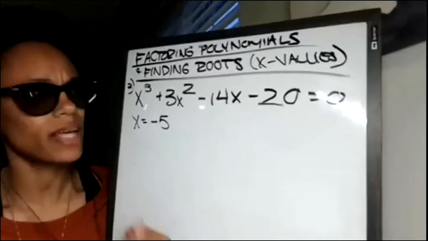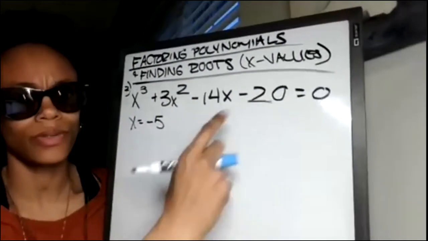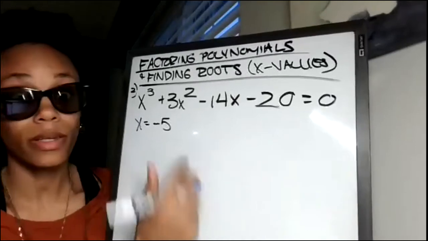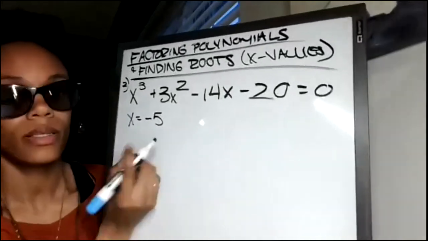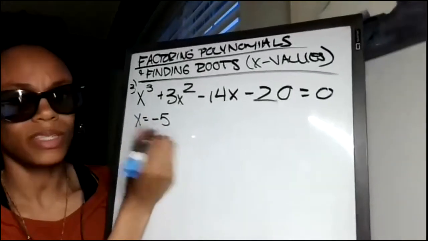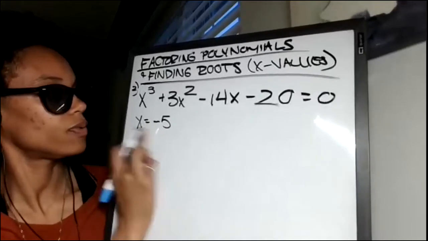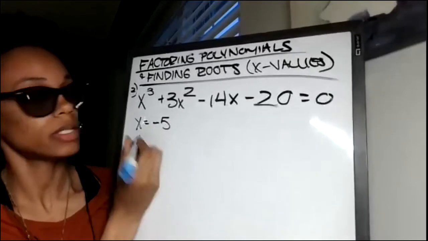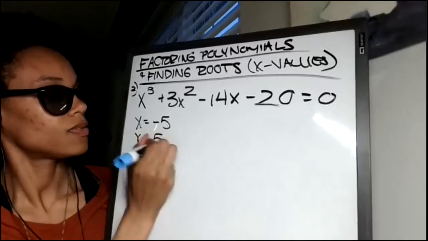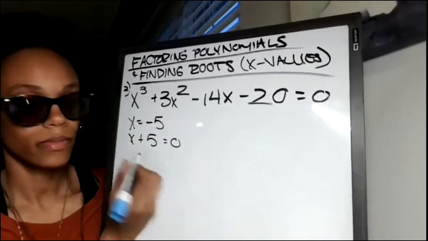And how would we have tested it if we went through -1, -2, 4 up to -5? This is the test. You're just dividing by this factor. If we want this to equal 0, we get x plus 5 equals 0.